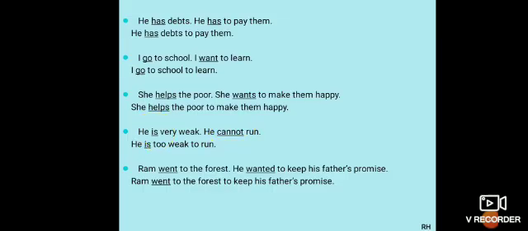So we'll change it to he is too weak. Remove very and put the adverb too. He is too weak to run.